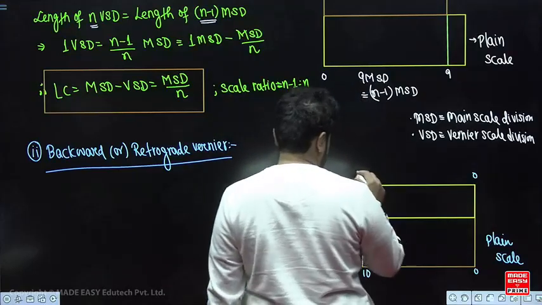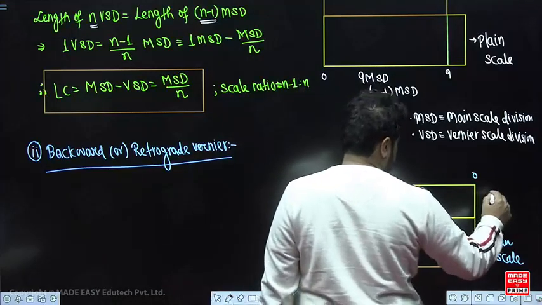So this is 0 and this is 10. So this is the vernier scale.